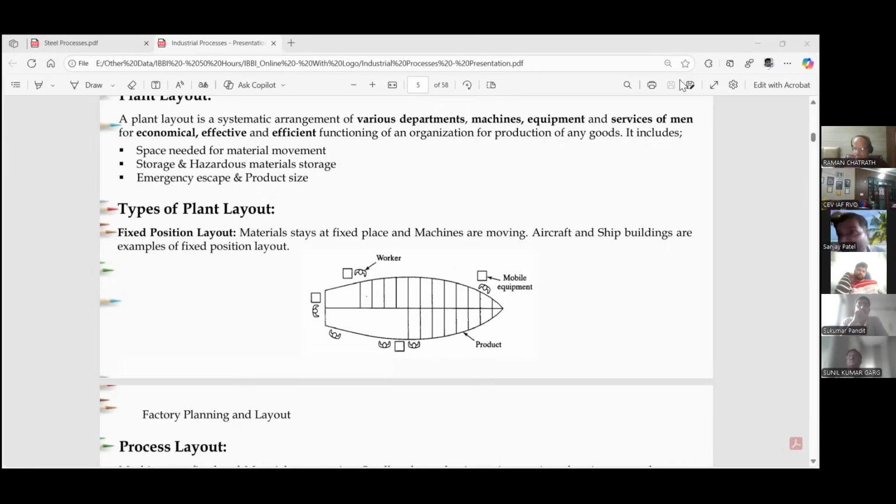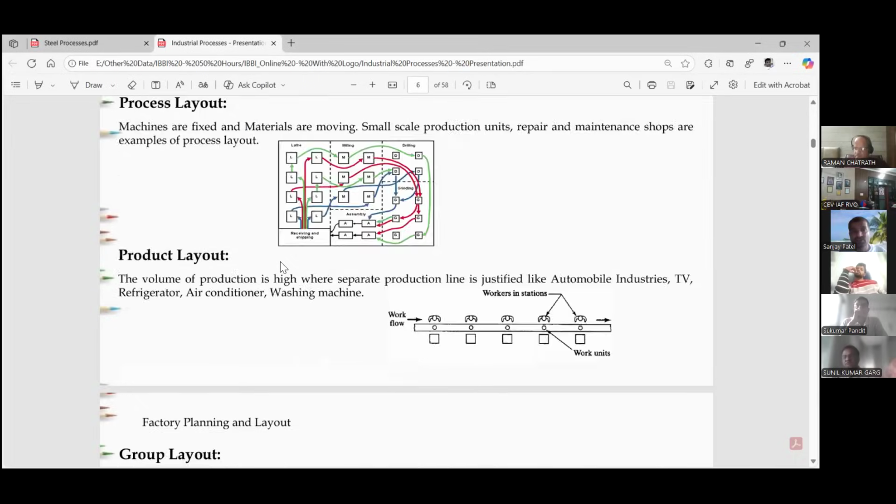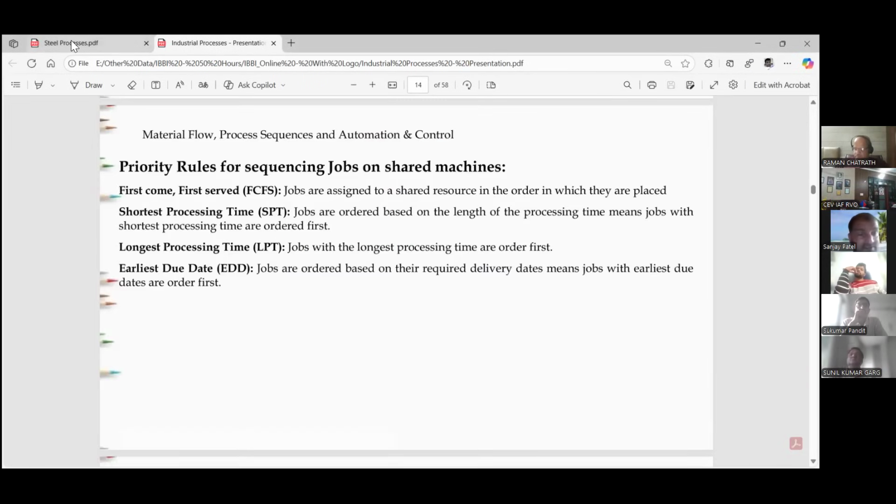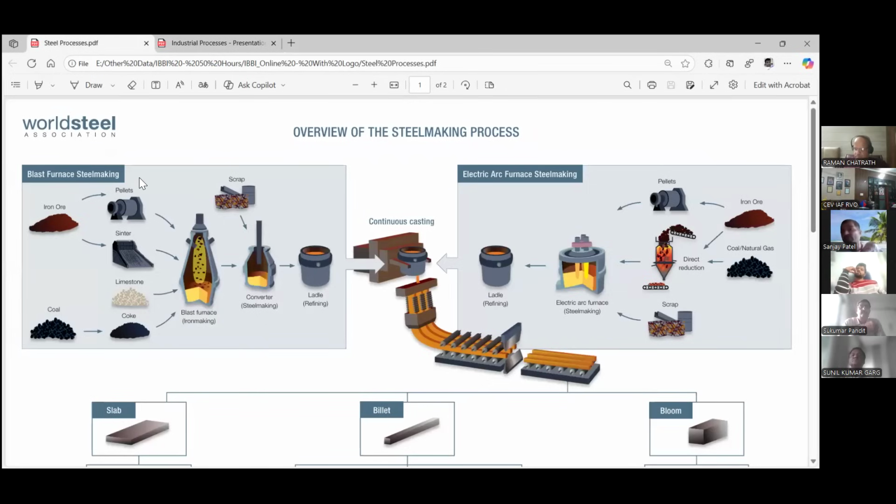So first we are discussing the steel industries. Normally, what are the major raw materials of the steel industry?